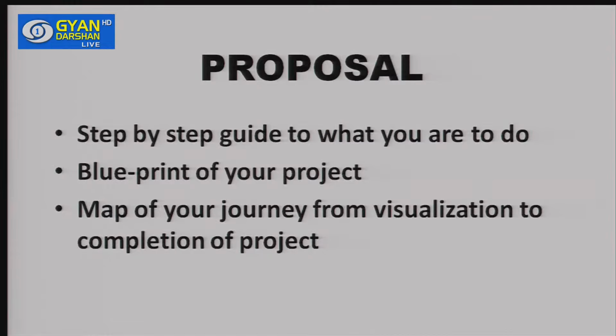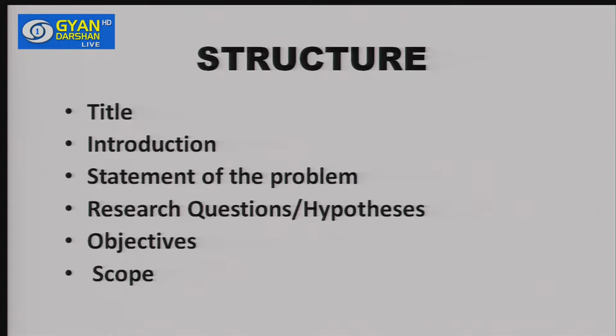Now this proposal that you have to prepare, as I was telling you, is a blueprint. It is a step-by-step guide of what you will be doing, how you will be doing it, and why you will be doing it, starting from the initial stage to the final stage of your project. You prepare this synopsis or proposal, starting with the title.